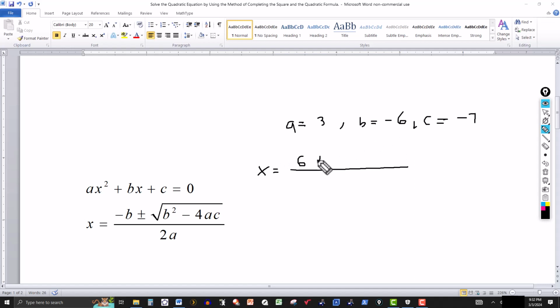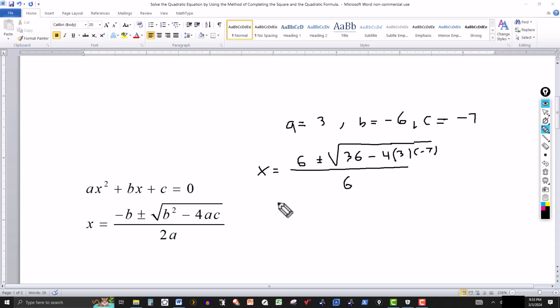And then it's plus or minus the square root of b squared. Well, b is negative 6, so if I square that, negative 6 times negative 6, that's 36. And then it's a minus 4, a is 3, and then c is negative 7. That's over 2 times a, a is 3, so 2 times 3 will give me 6.